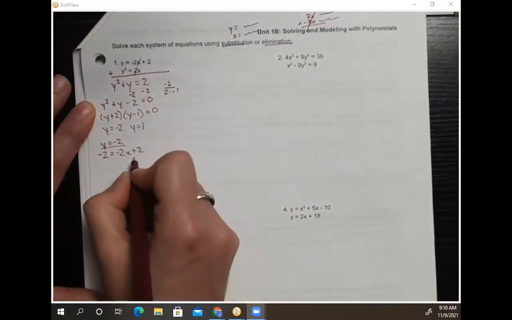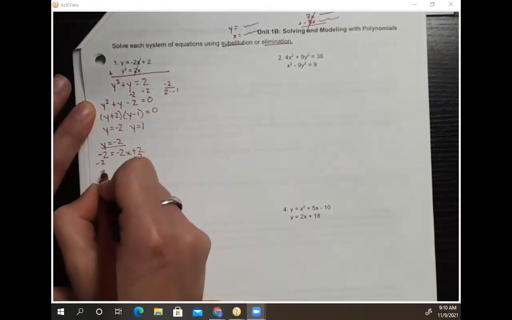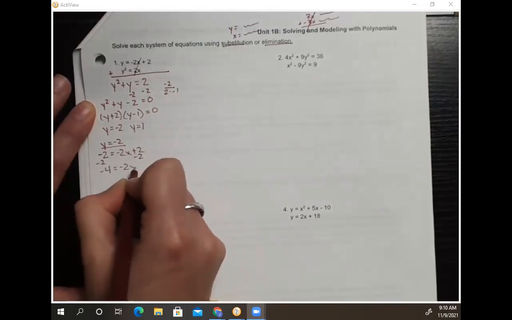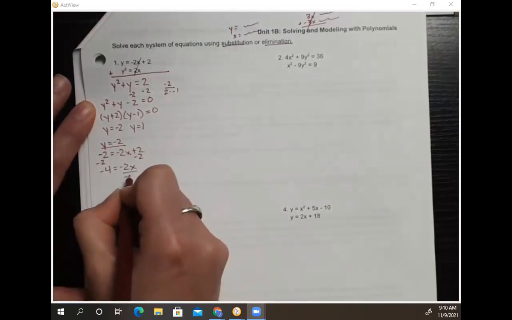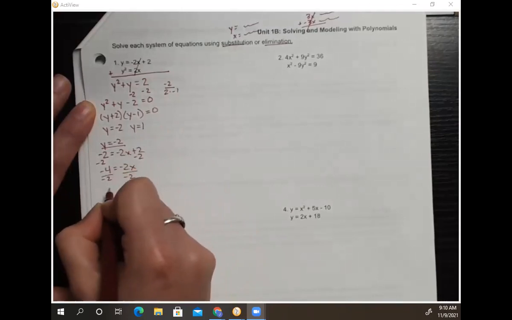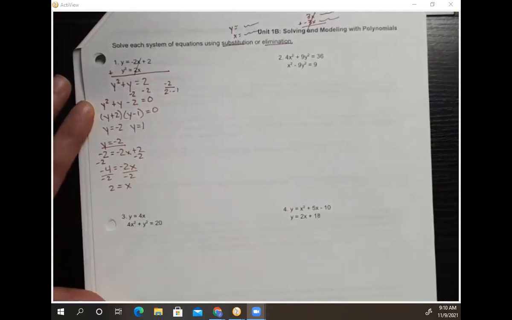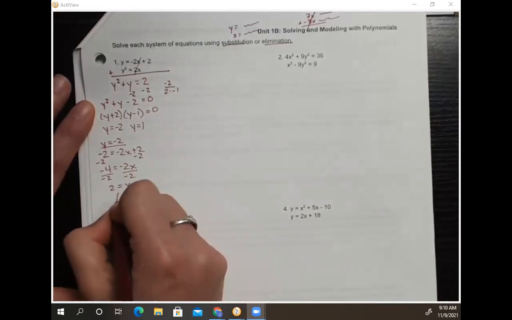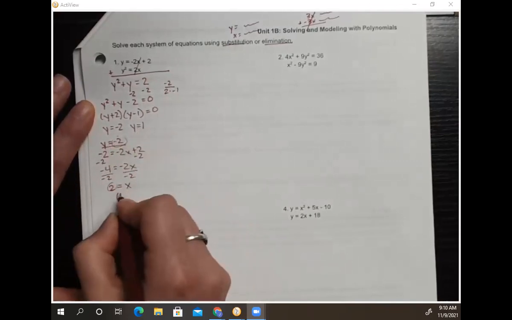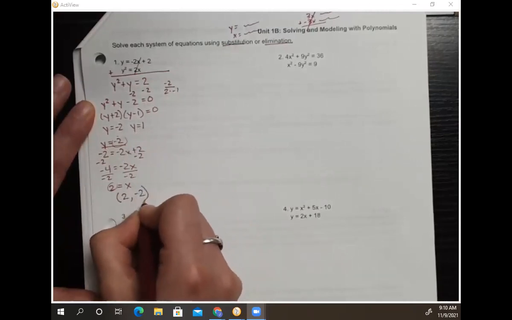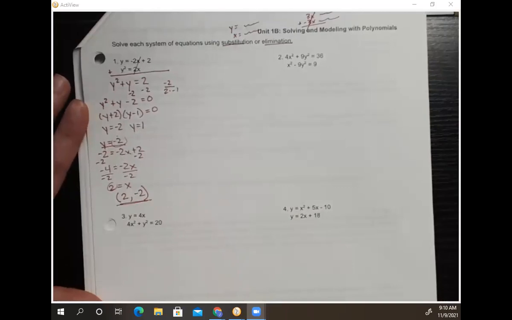Now I want to solve for x. So I'm going to move this 2 to the other side. I get negative 4 equals negative 2x. Divide both sides by negative 2, and I get 2 for x. So one of my solutions would be negative 2 and positive 2. Make sure you put it in x comma y. So 2 comma negative 2. X comma y.